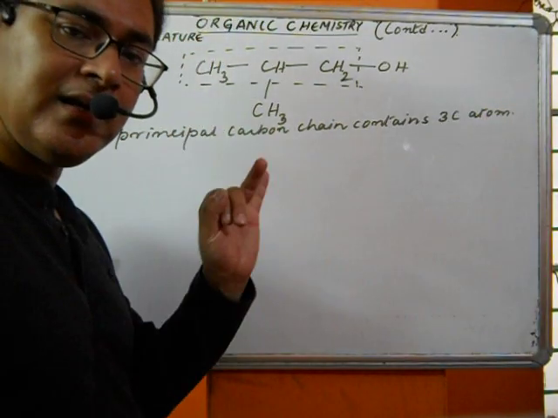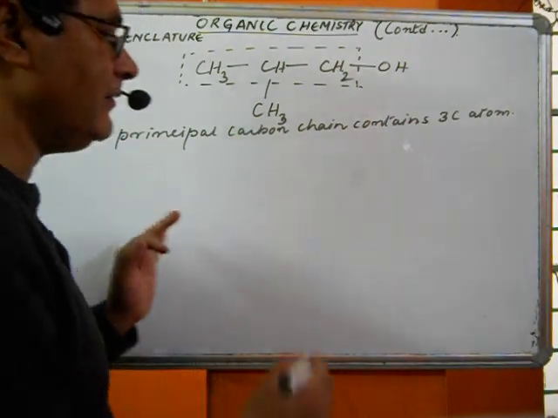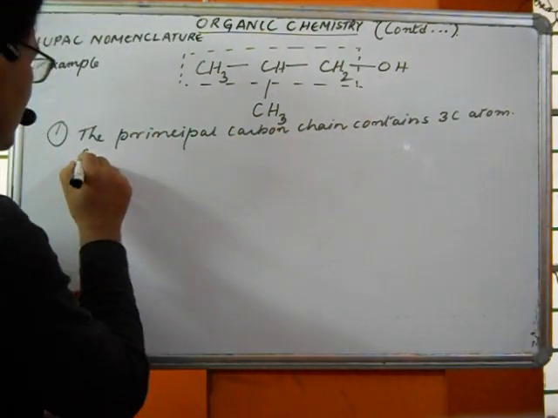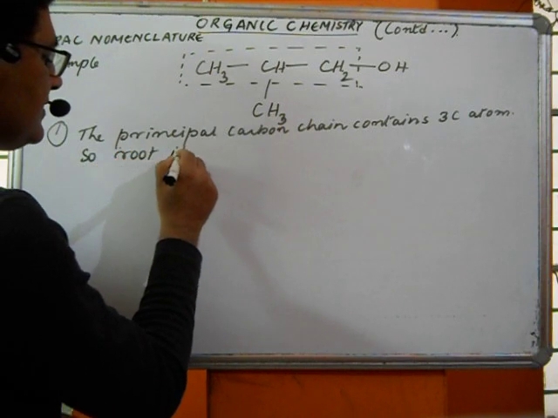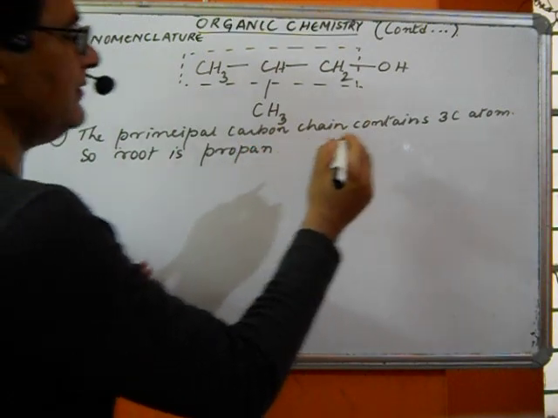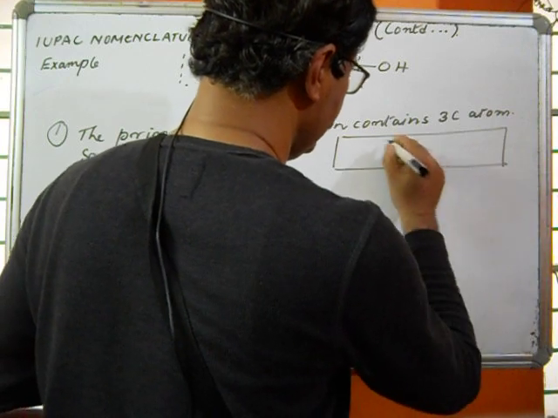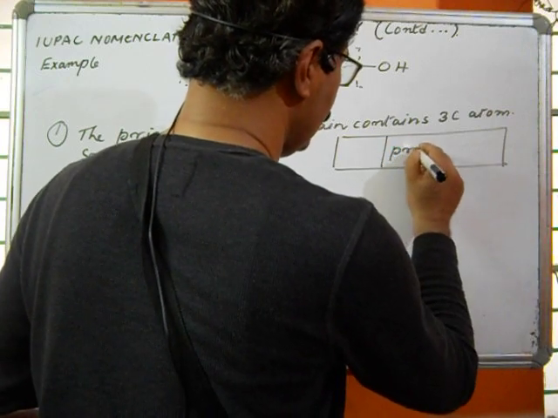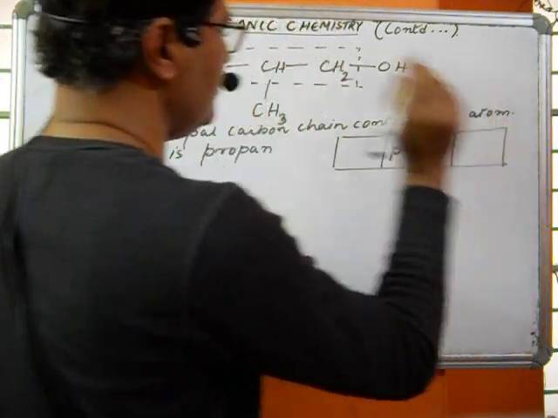So, meth, eth, prop. So, it is the derivative of propane. So the root is propane, P-R-O-P-A-N. Now, what will we write down? Propane we will write down. Propane is my root.